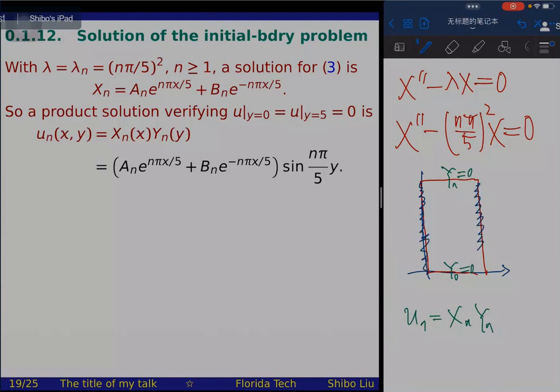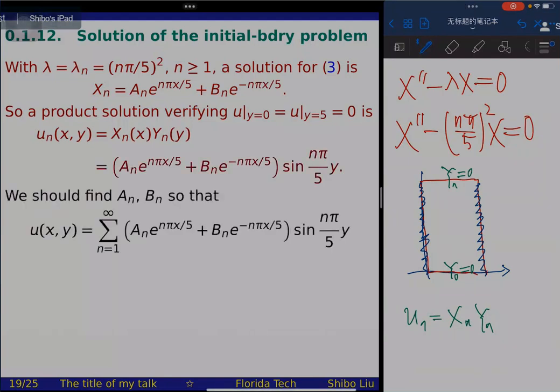On 2 of the boundaries, the boundary condition is fulfilled, but the left and the right are still not fulfilled. We need to construct a series solution, that is this u, and choose the coefficients an and bn suitably to see whether this u can satisfy our boundary condition at the left boundary, that is when x equals 0, and the right boundary, that is x equals 1.